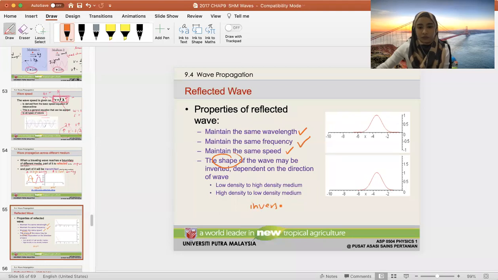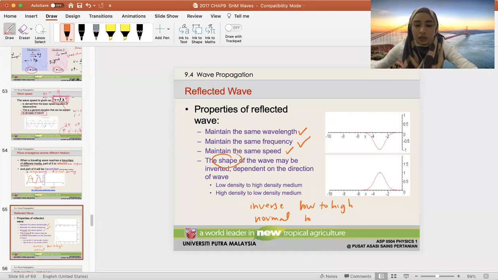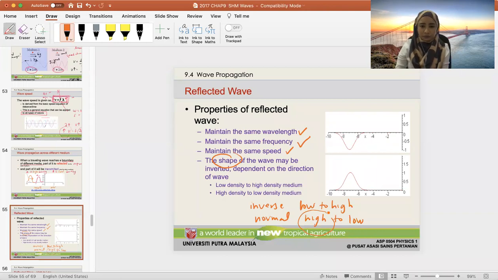It becomes inverse when going from low to high density, and it becomes a normal reflection when the medium goes from high to low. That means if the wave is reflected from something denser, it becomes inverse.